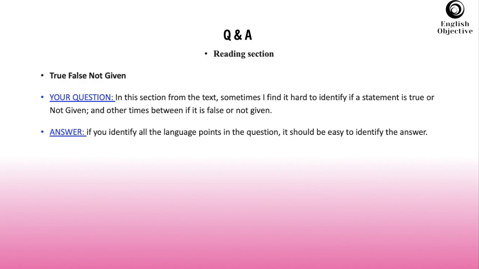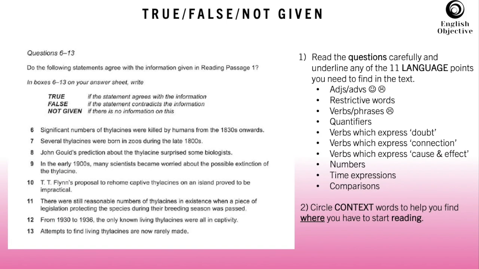Okay, so let's have a look at this strategy step by step. One of the things that I recommend doing first is to read the questions carefully. Your main focus at the moment is the questions and not the text. The text is actually the last thing we're going to check.